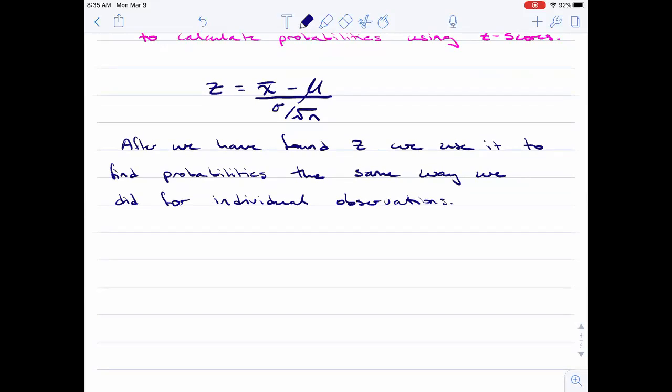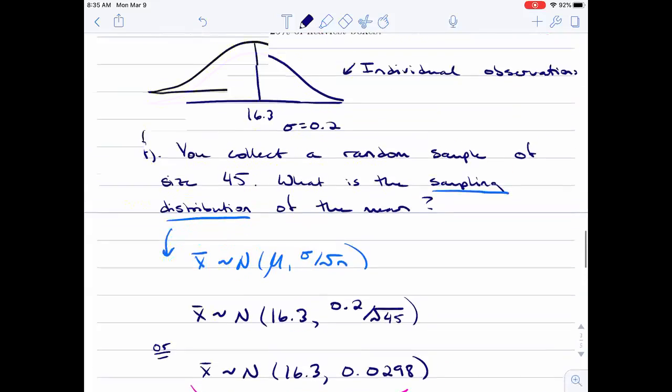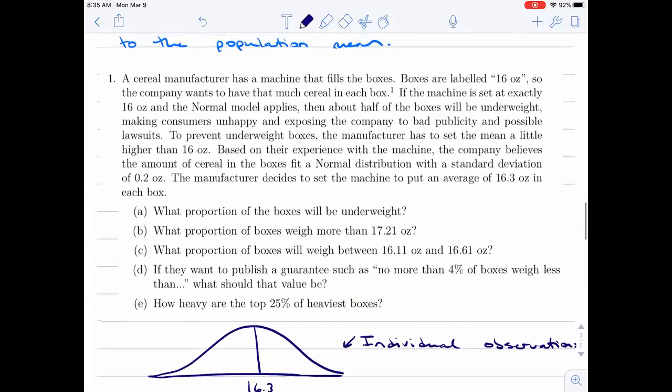So what I want to do, just to illustrate what's going on here, is steal the example here. If we look at part C, what proportion of boxes will weigh between 16.11 ounces and 16.61 ounces?